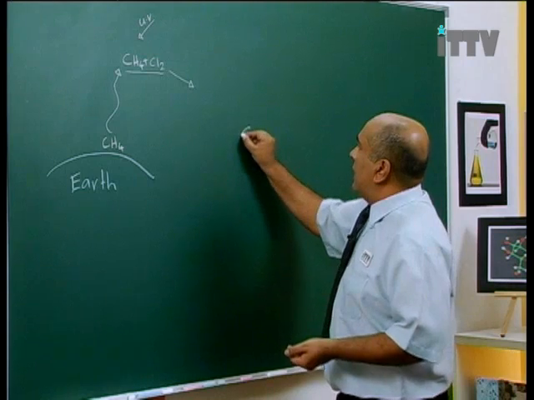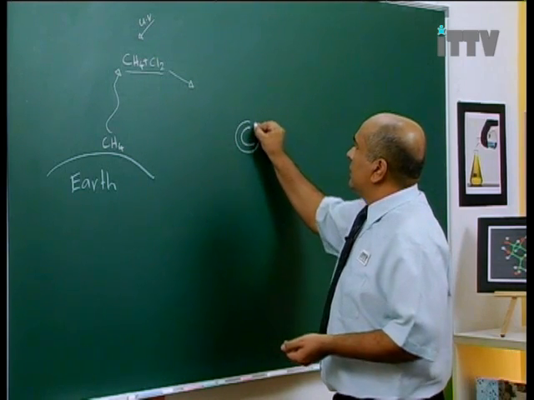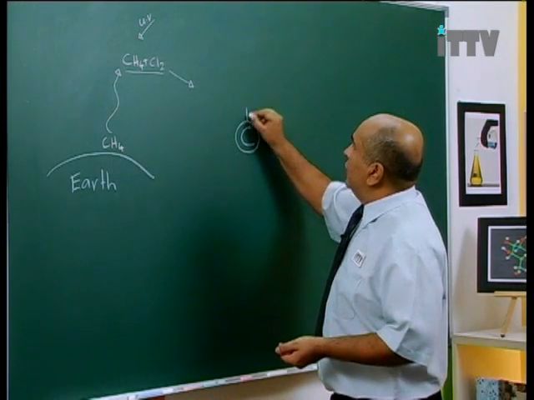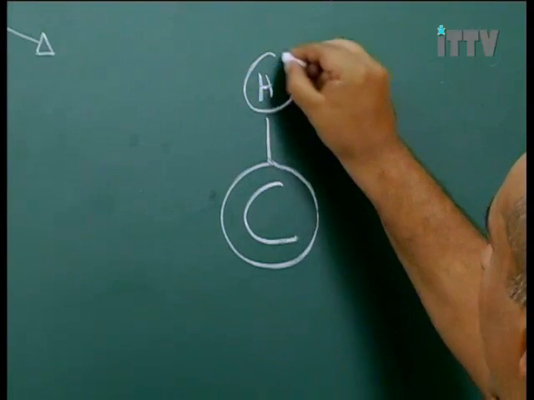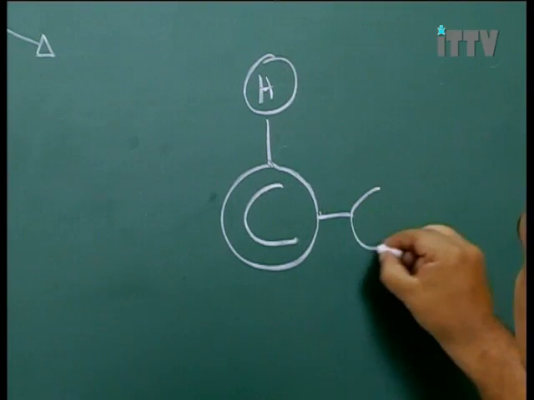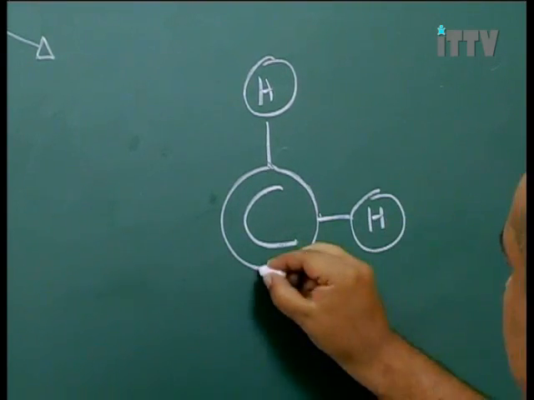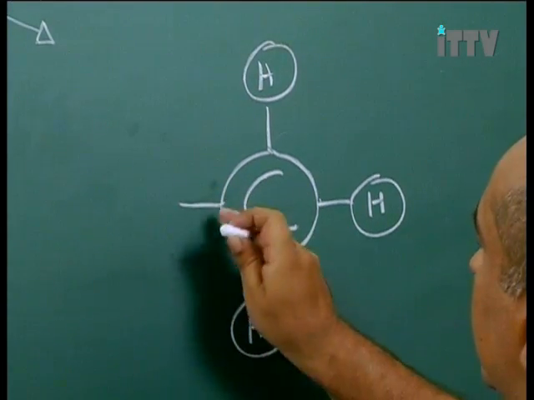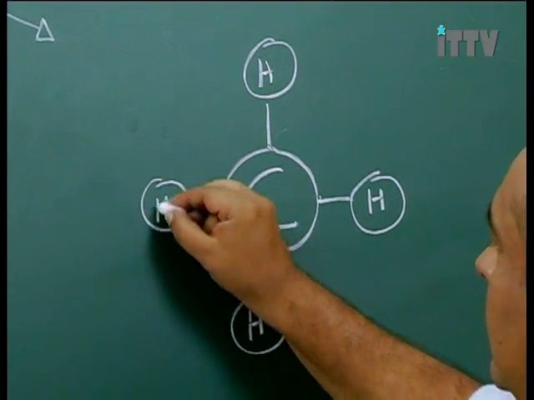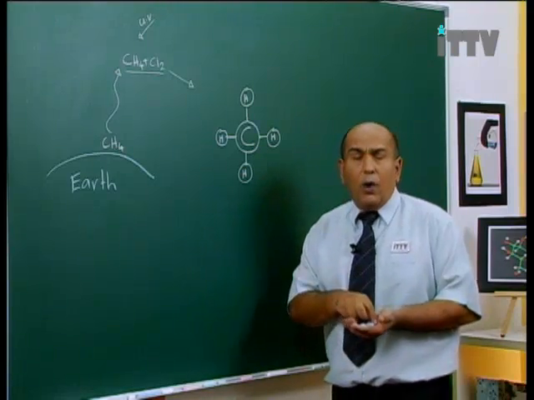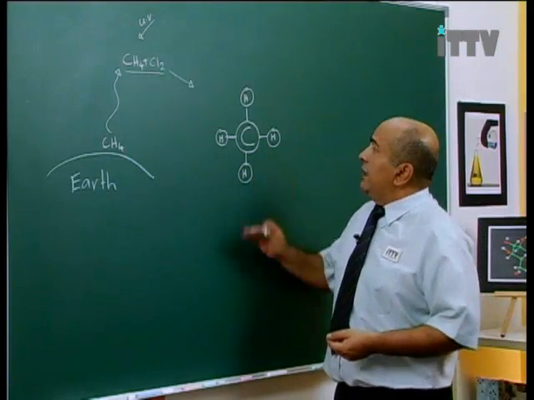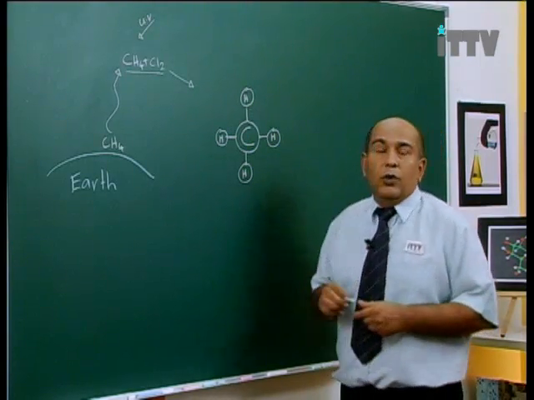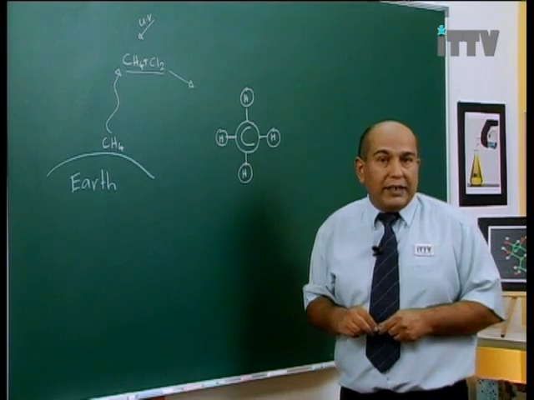Methane is one carbon which is bonded to 4 hydrogens, like so. What will happen is this methane, with the ultraviolet light, will start to react with chlorine gas.